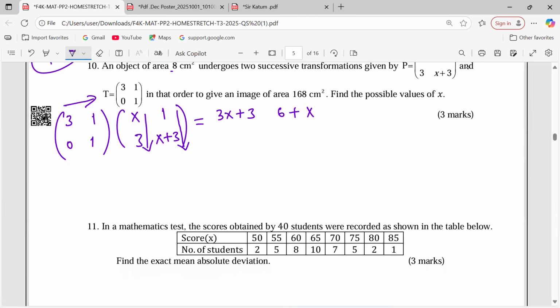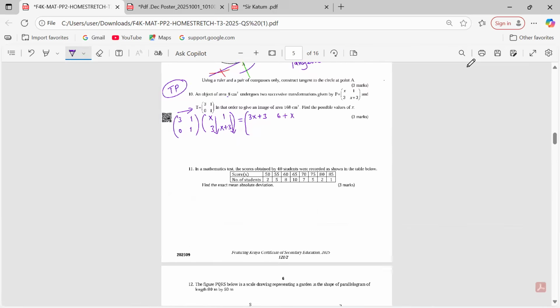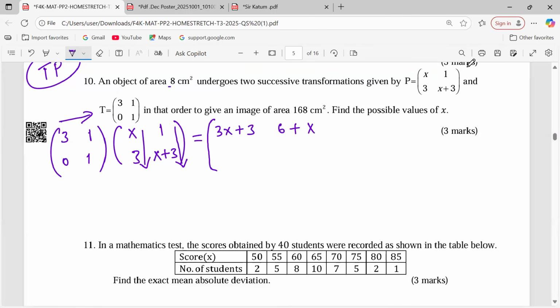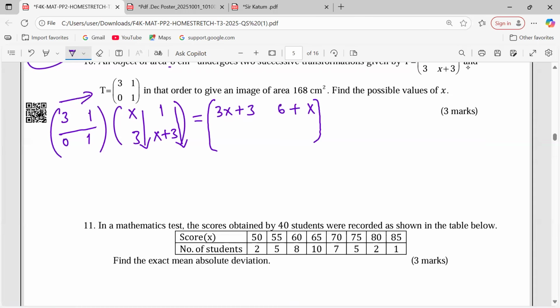Then on this other side, we will have this row times the same columns: 0 by x and 1 by 3, giving us 3, and 0 by 1 and 1 multiplied by x plus 3, making it x plus 3.